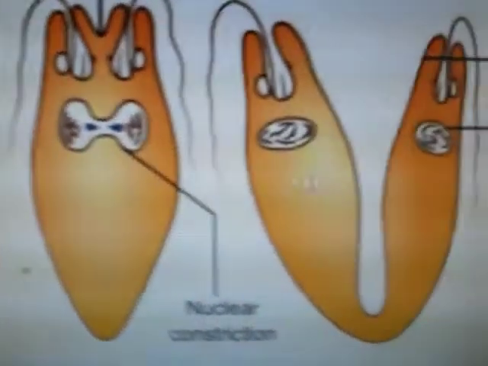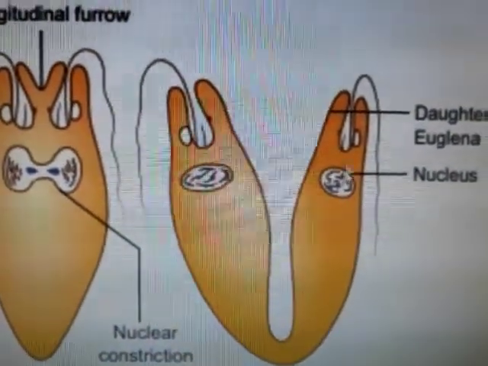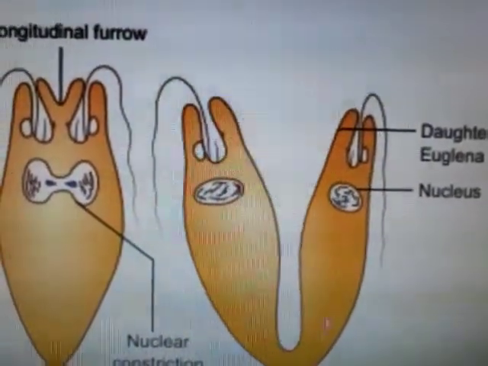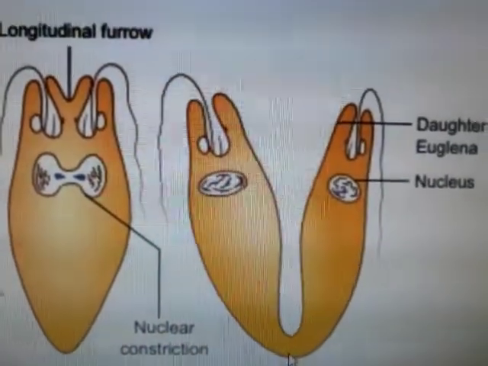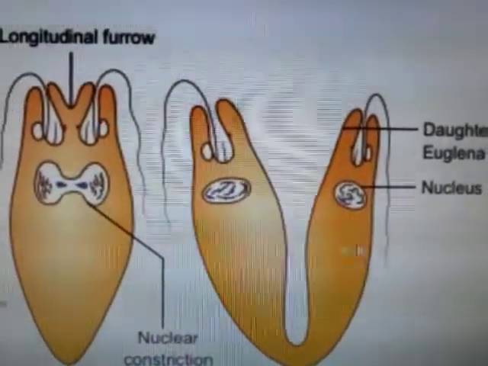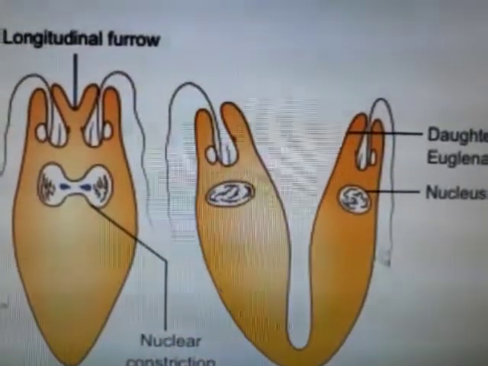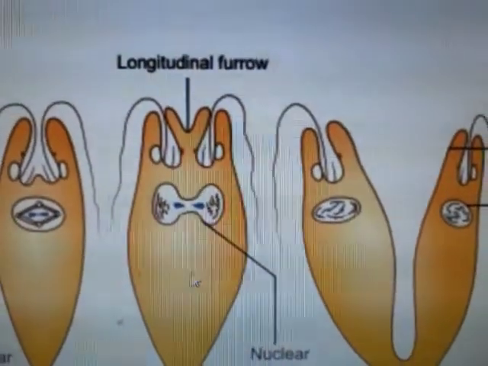Nuclear constriction, and then this Euglena divides into two daughter nuclei or two daughter cells, and both the daughter cells develop into new adult cells. This is longitudinal binary fission.